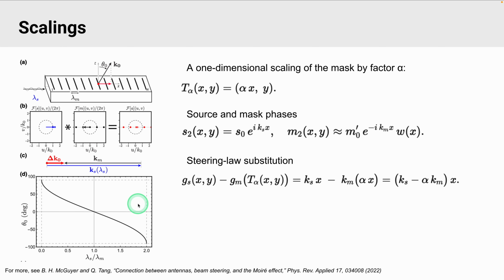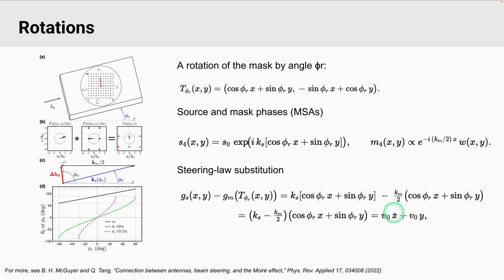This principle can be applied to any beam steering case. For example, the well-known leaky wave antennas also follow this linear phase regulation. We can derive the VIX and MSA designs easily using this principle.